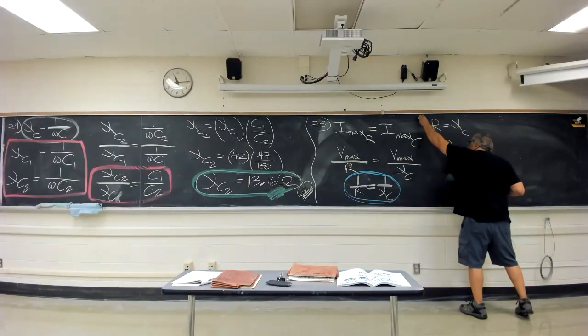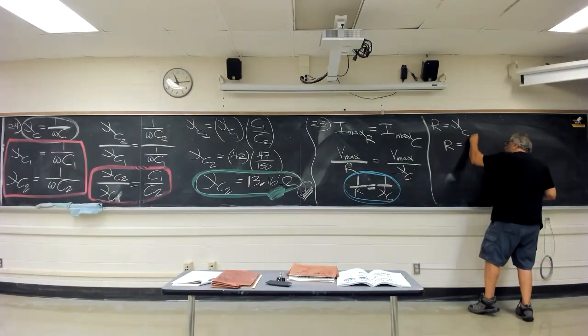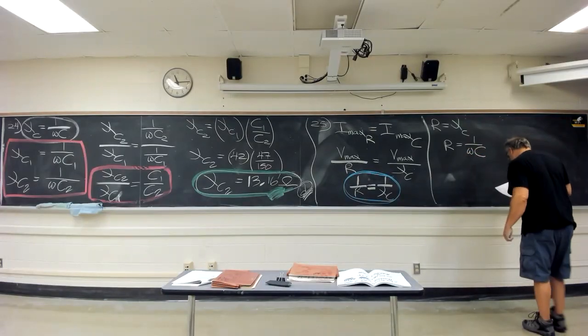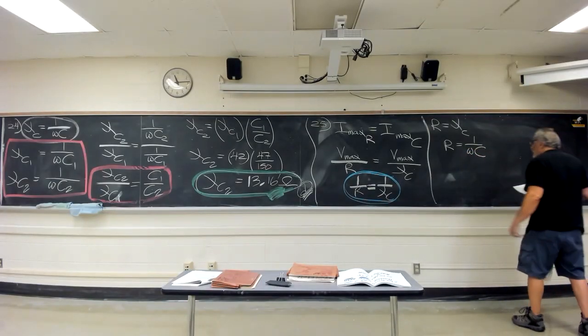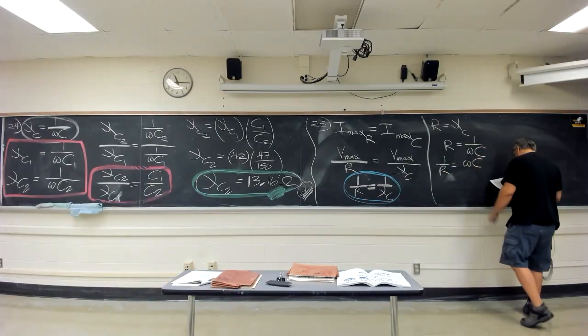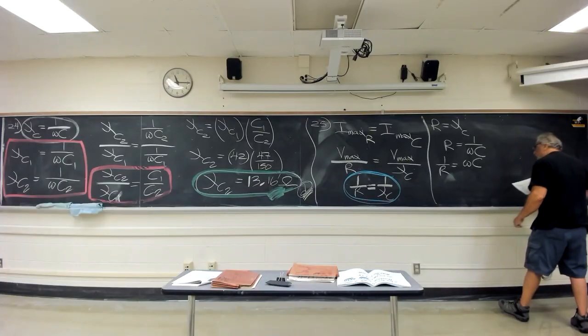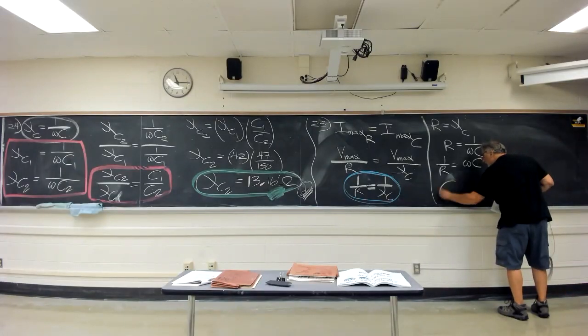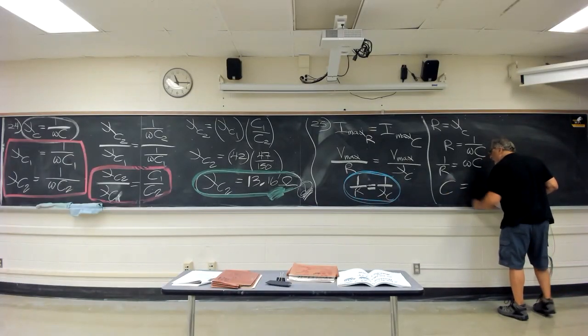X sub C is 1 over omega C. Well, here we go again. Let's get the reciprocal of each side because we're shooting for the capacitance. So we got to solve for C. We can do this a bunch of ways. If two things are equal, their reciprocals are equal. We've heard that before. We got this. Solve for C. Divide by omega on each side.